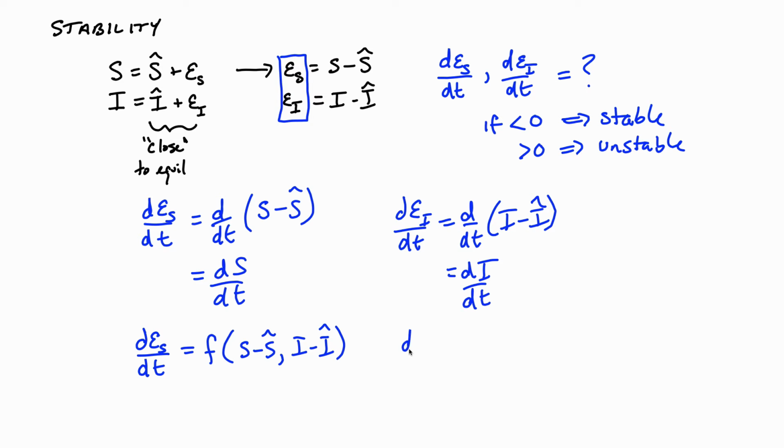And I'm going to define d epsilon I by dt to be some function g, which is also a function of s minus s hat and I minus I hat. This is just so I can use notation on the next slide.